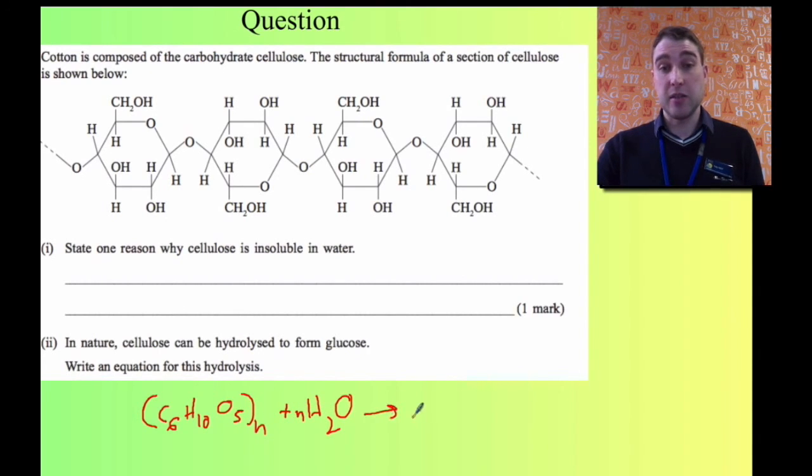And then that's going to go to glucose. We're told it's making glucose, so C6H12O6, and the number of those we get is n again. So we've got n amounts of the ring structures, C6H10O5. We have to add in n water molecules to break them up, and from that we get n number of C6H12O6, n number of glucoses.